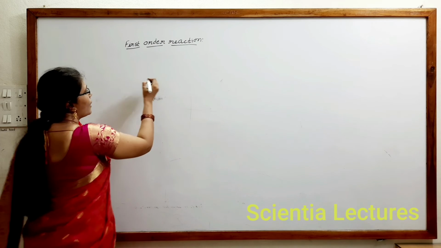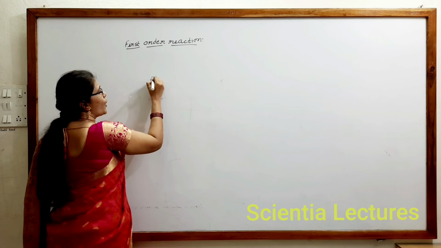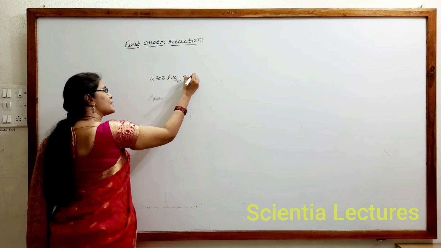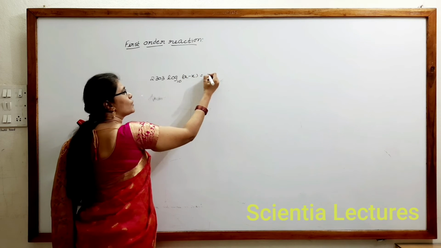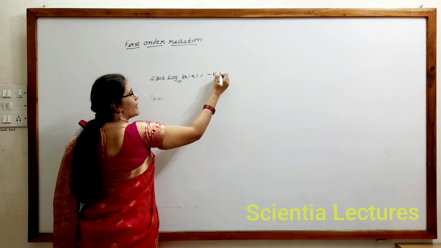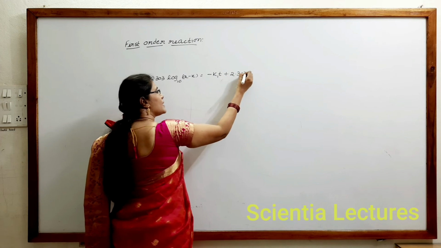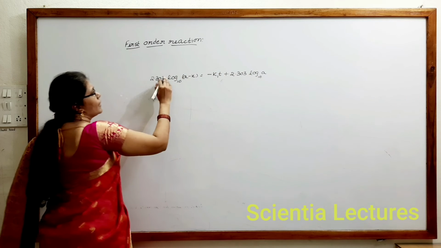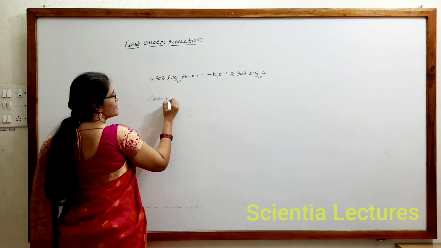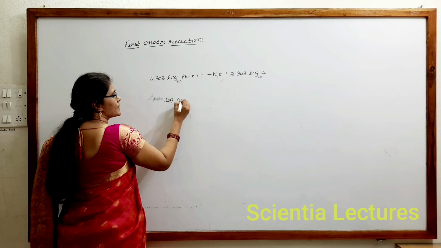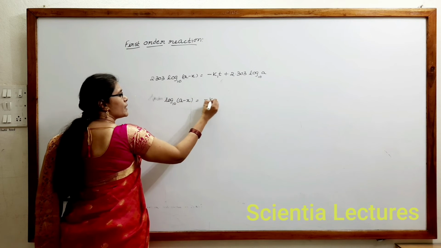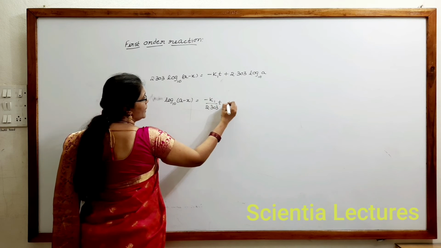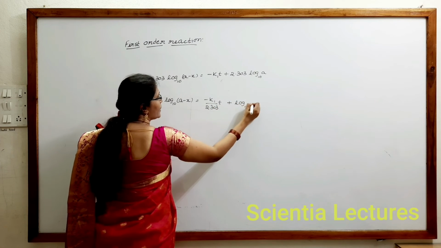So from this we have already got 2.303 log base 10 (a minus x) equal to minus k1t plus 2.303 log base 10 a. Now if you divide throughout by 2.303, we get log base 10 (a minus x) equal to minus k1 by 2.303 t plus log base 10 a.